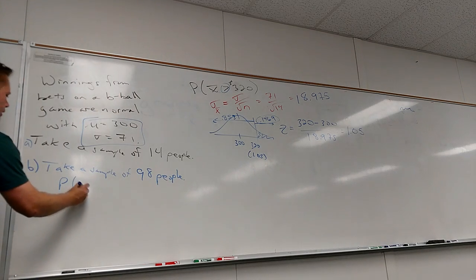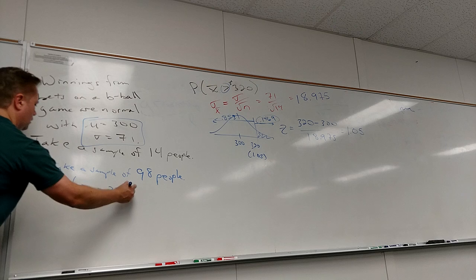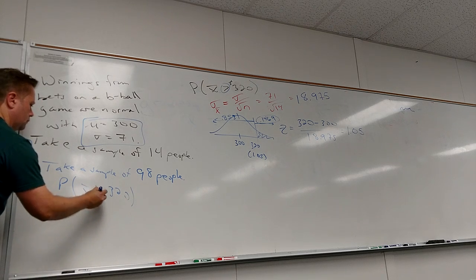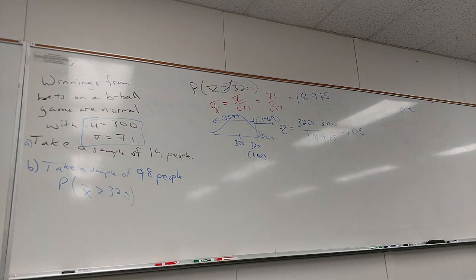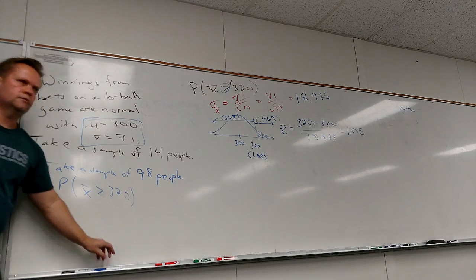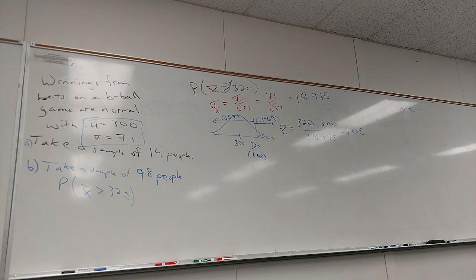Now find the probability that X bar is greater than 320. So now the question is, take a sample of 98 people instead of 14. What's the probability that the average winnings is more than 320?